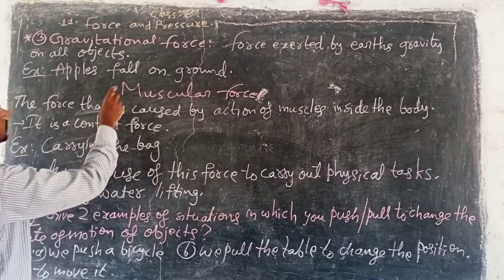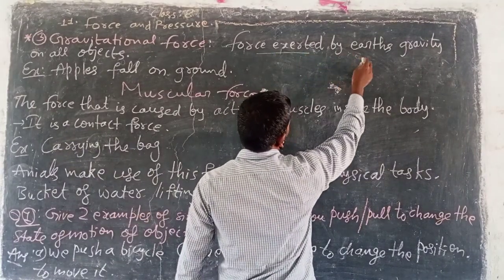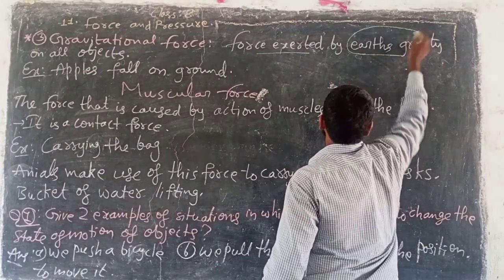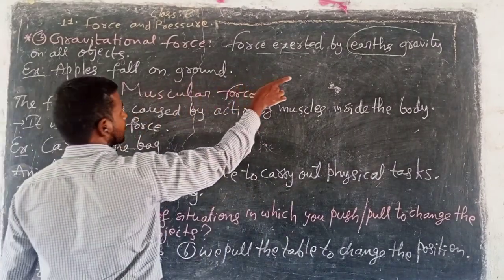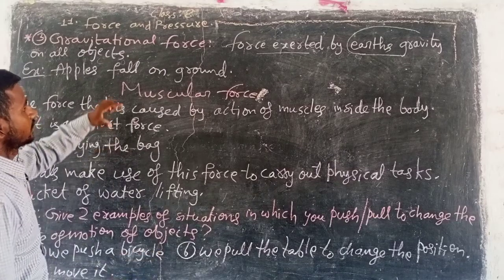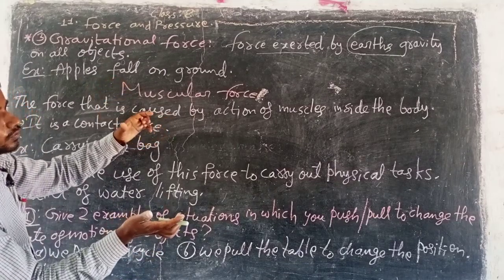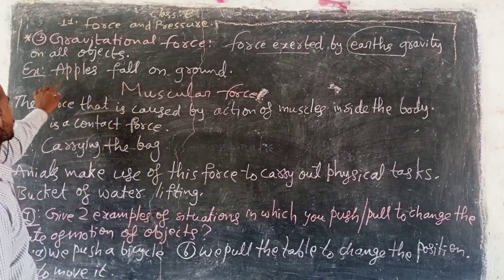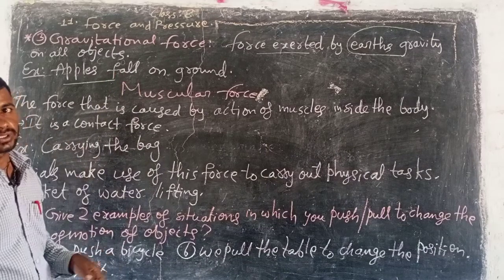In this gravitational force, the definition is: the force exerted by Earth's gravity is called gravitational force. Which force is exerted by Earth? That force is called gravitational force. Here, apples fall on the ground.